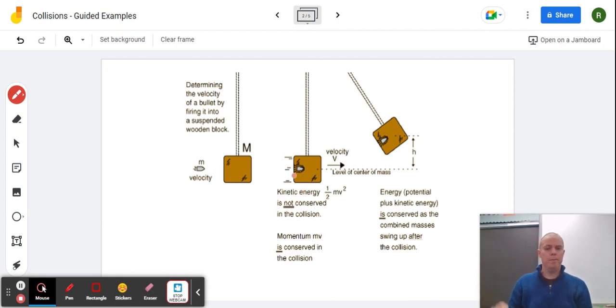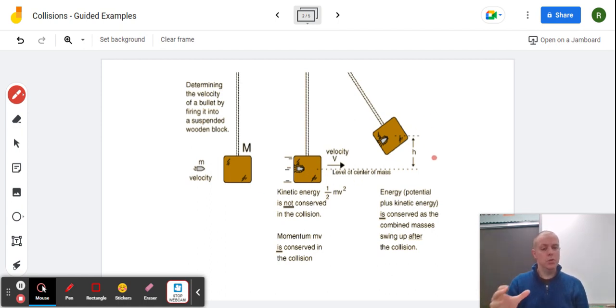When the bullet is deforming the block, a lot of energy is lost there. So energy is not conserved from before the bullet hits to after the bullet hits, but momentum is. Once the bullet is stationary inside the block, they move together as one.